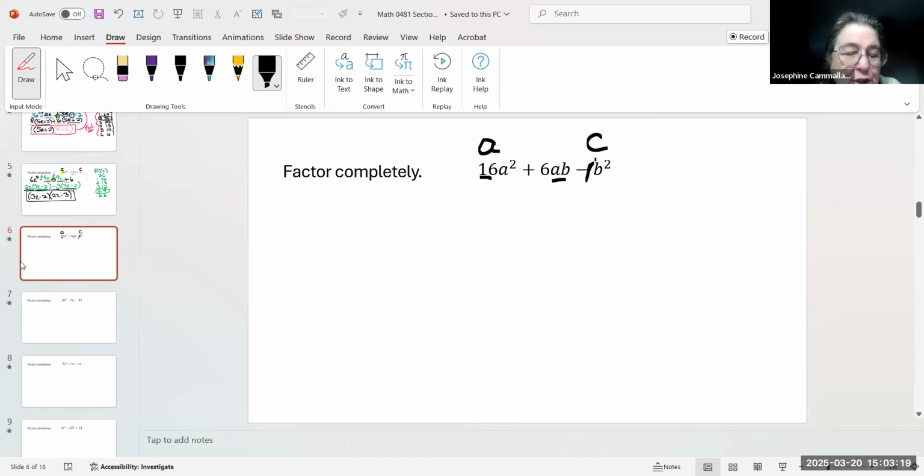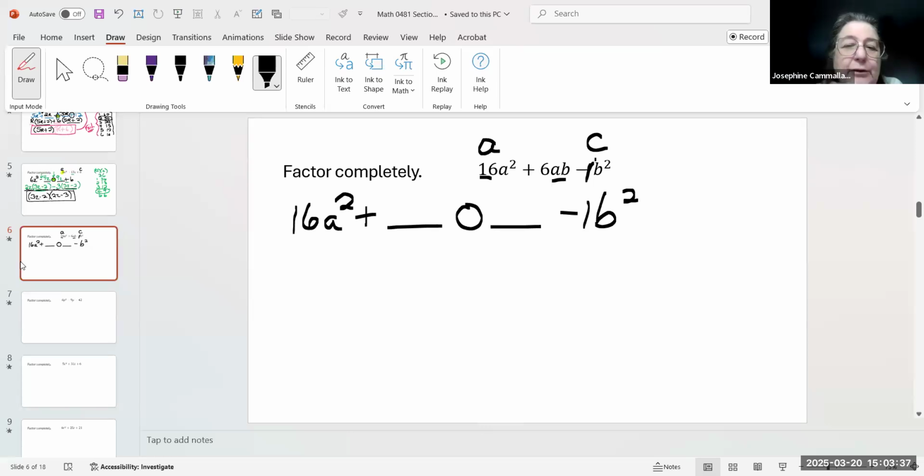And again, remember, I got 2 letters here. This will be 16A squared plus blank, circle blank, minus B squared. Now, if you want to write the 1 here, be my guest. But if not, that's okay. You should know there's a 1 there.